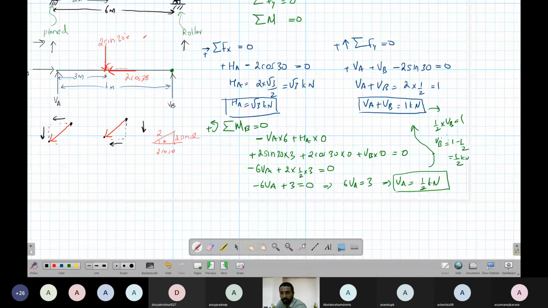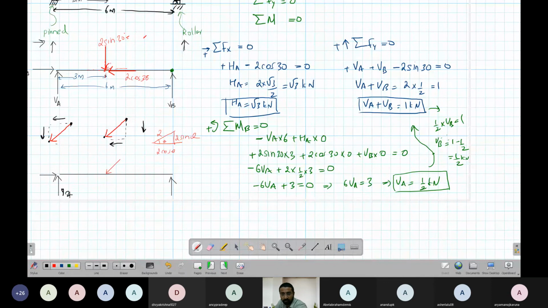We'll just draw it in the line diagram that we finished. So this is my beam. This is my force. I have reactions. One reaction here, one reaction here, and one reaction here. So what are the values?